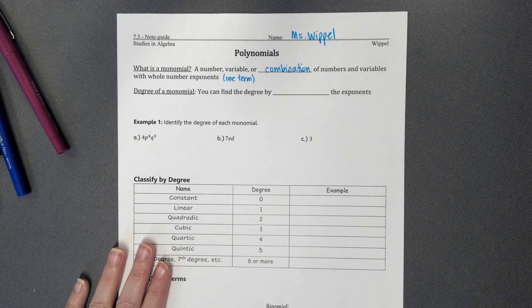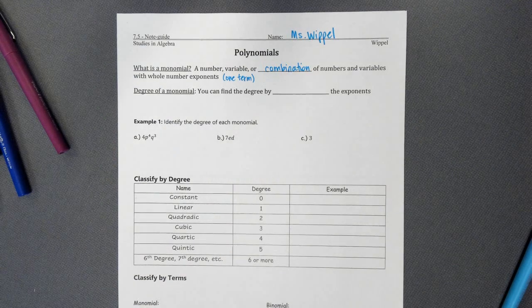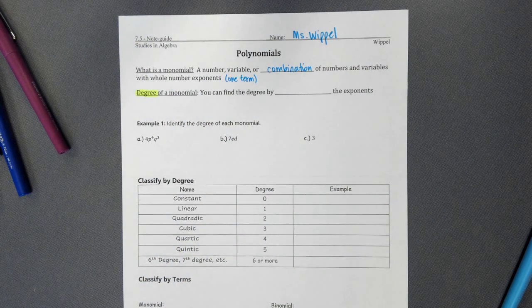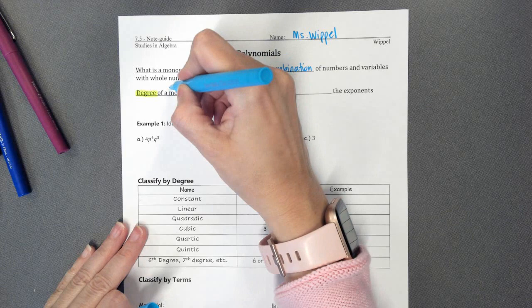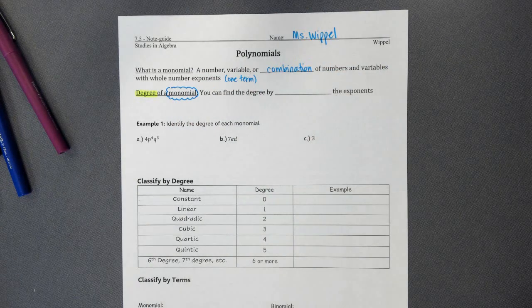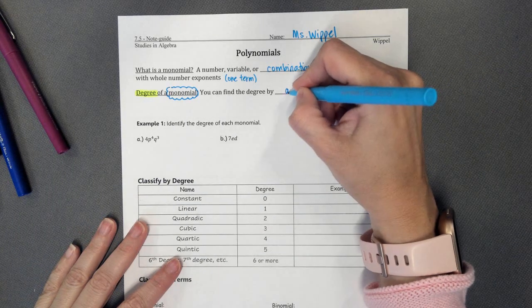Okay, and then the degree of a monomial is something that we're going to talk about. Every equation has what's called a degree, okay? And if it's a monomial, you can find the degree by adding all of the exponents together.